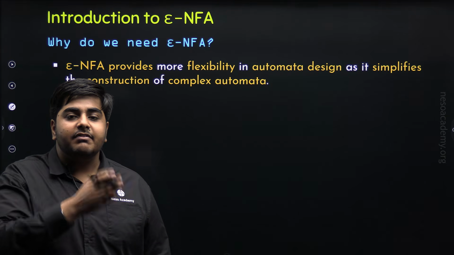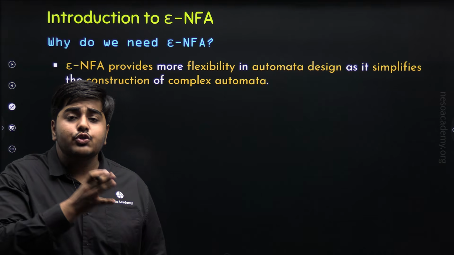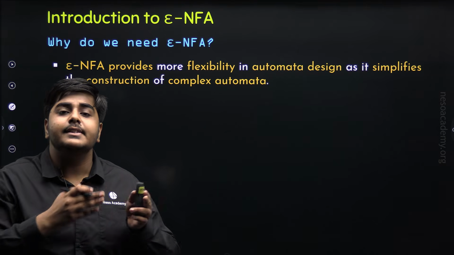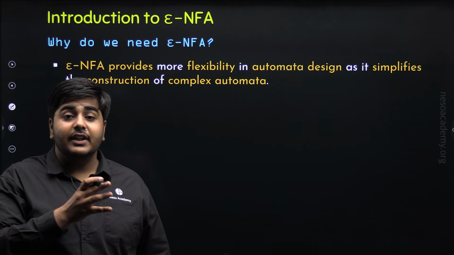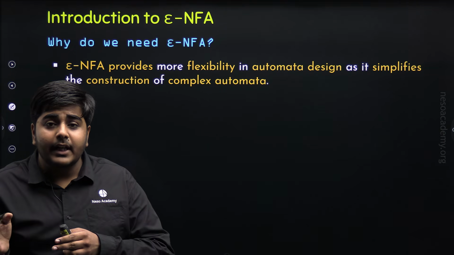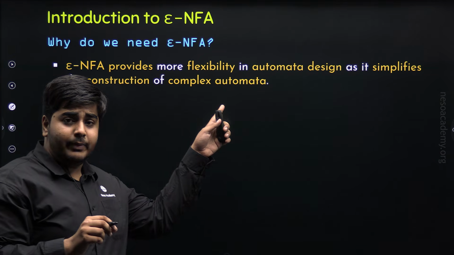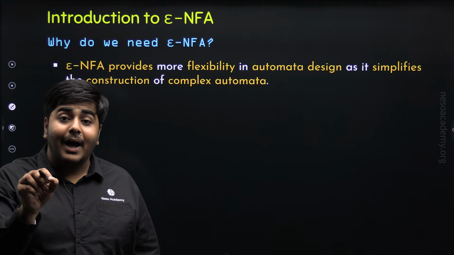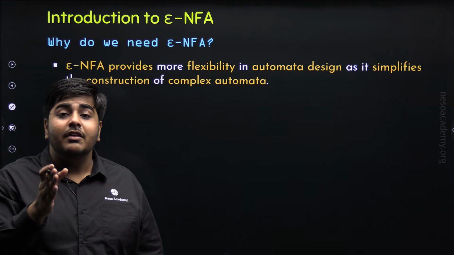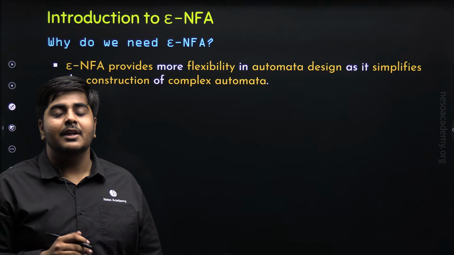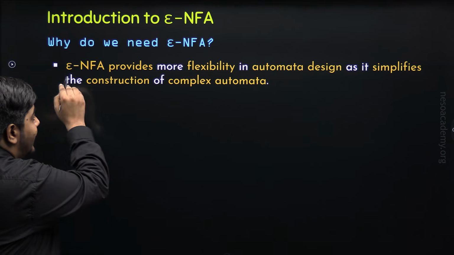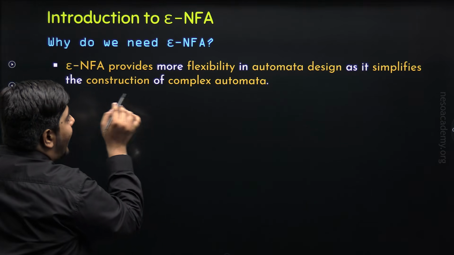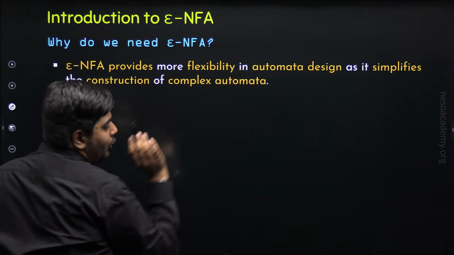That is why we divide that complex automata into smaller parts, and we can design each of the smaller parts separately. After designing each smaller part separately, to get the resulting complex automata, we need to combine those smaller parts together. And to combine them, we use epsilon transitions. That is why epsilon-NFA provides flexibility in automata design to simplify the construction of complex automata.